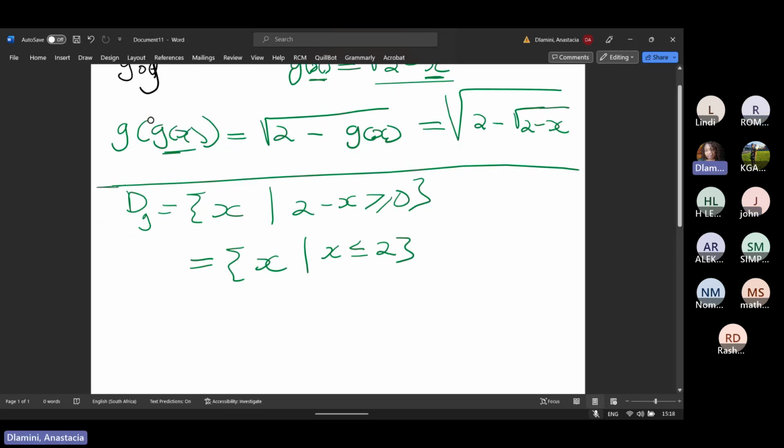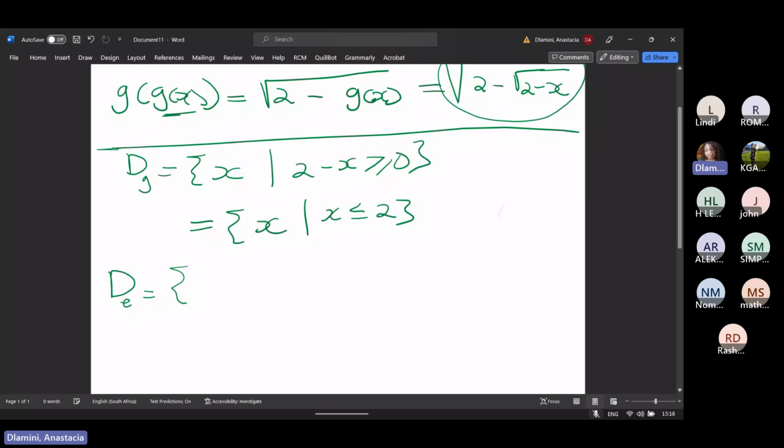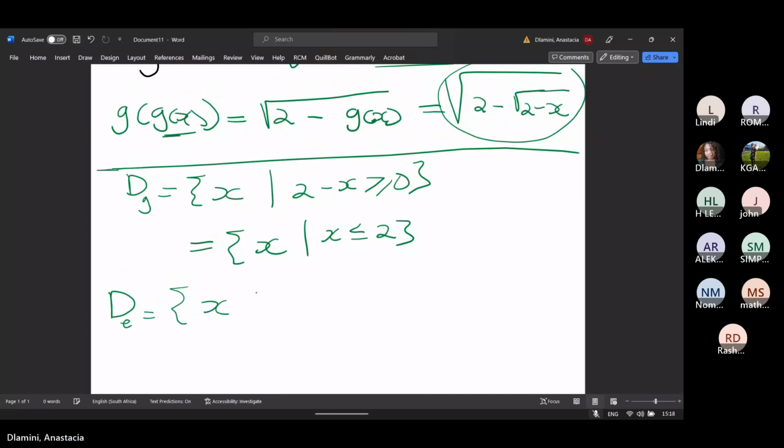Now we go and check the domain of the expression of the composite function, which is this one. Let's call it D of E, the expression of the composite function. Can someone help me? What did we say? It's going to be 2 minus root 2. 2 minus X is greater than or equal to 0.